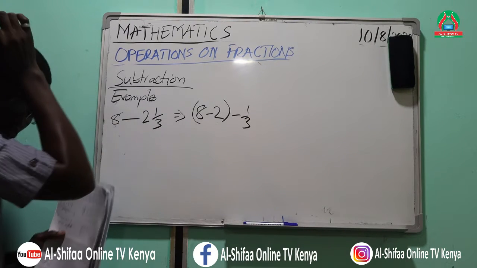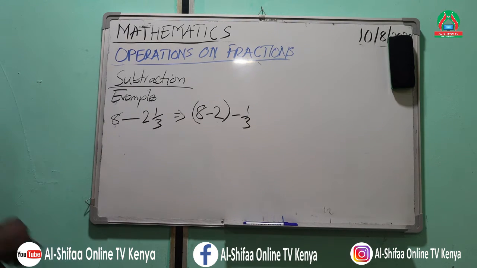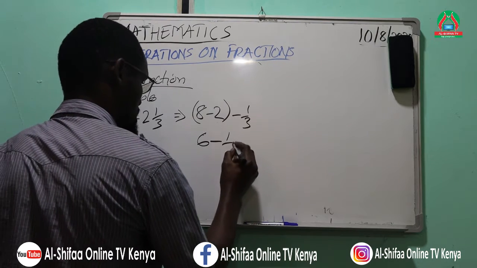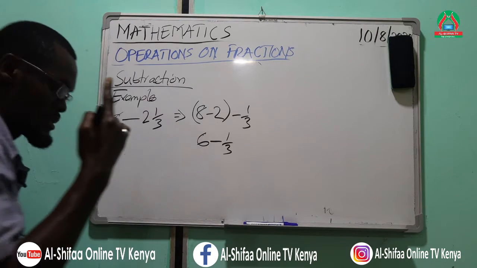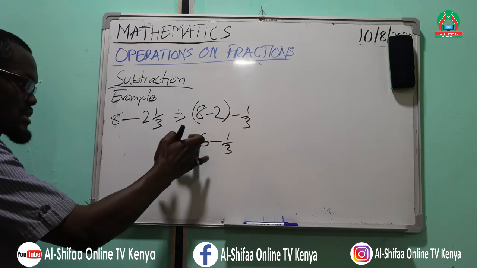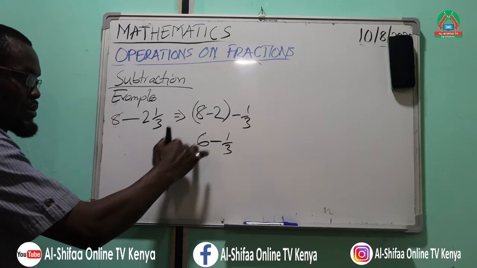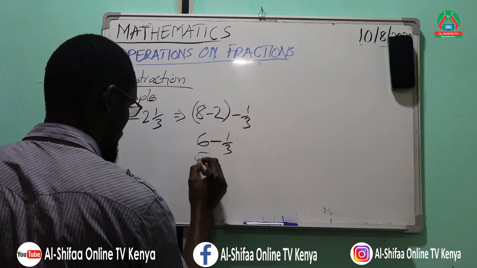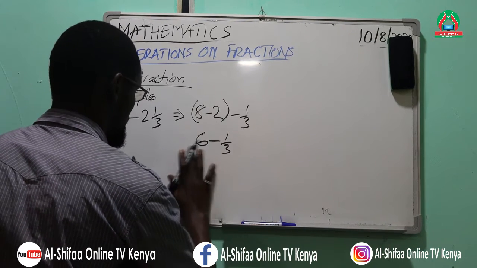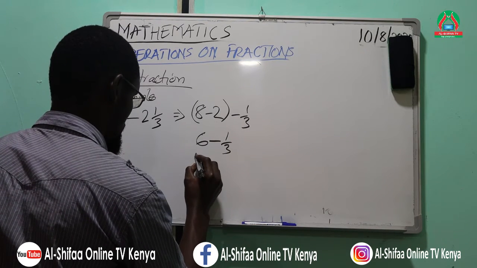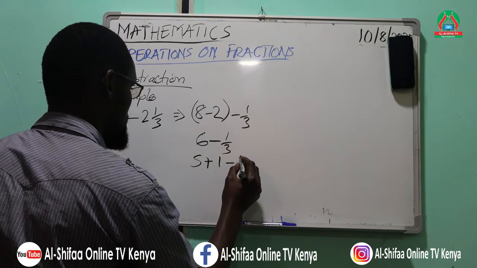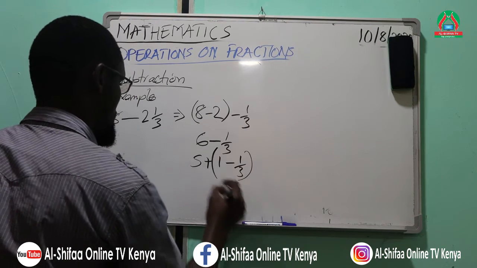So we subtract the whole number first. It becomes 6 minus a third. So we can take 1 from the 6, which is whole. We will subtract from it a third. So this becomes 5 plus 1 minus a third.